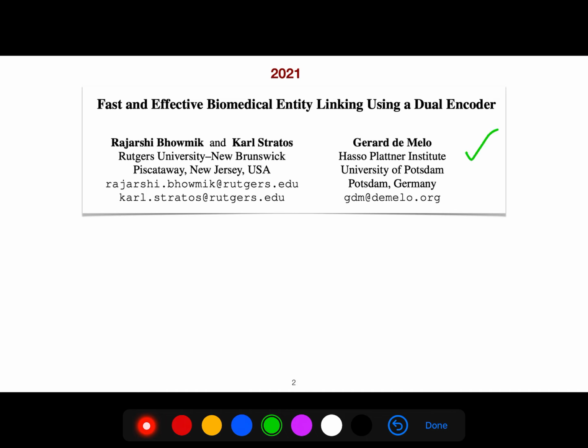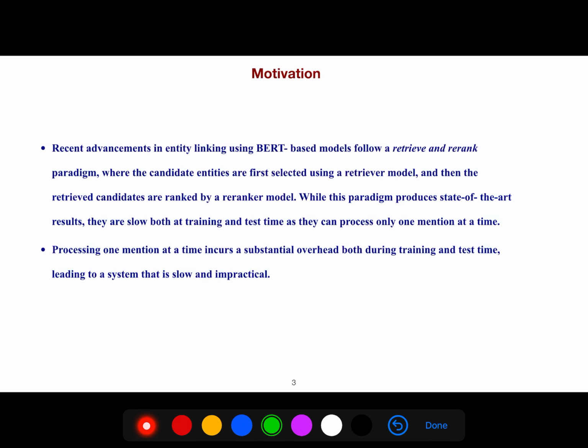And so I want to focus on this important article from 2021. They have two main motivations. Recent advancements in entity linking using BERT-based models follow a retrieve and re-rank paradigm, where the candidate entities are first retrieved, and then the candidates are ranked by a re-ranker model.